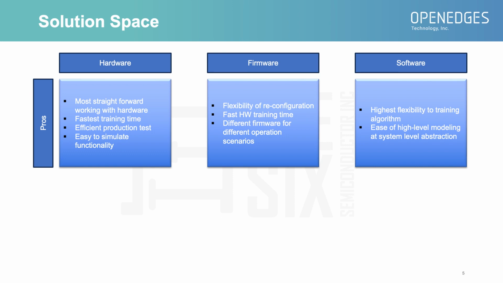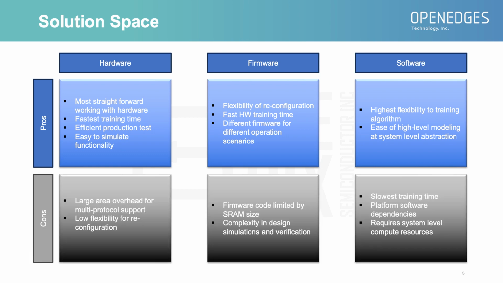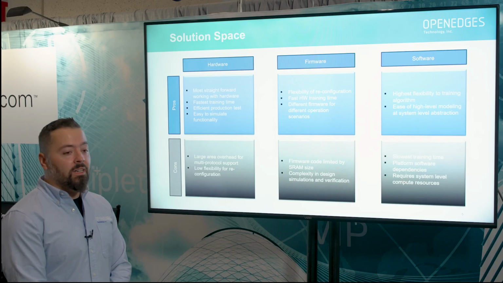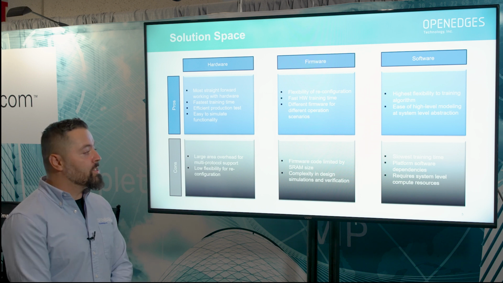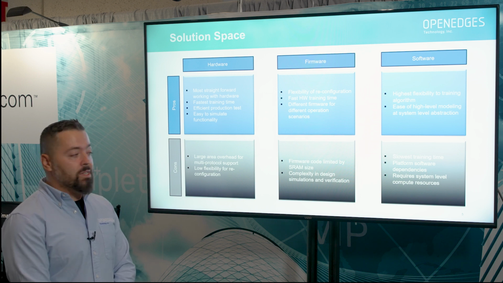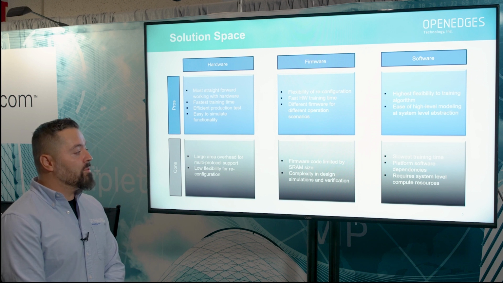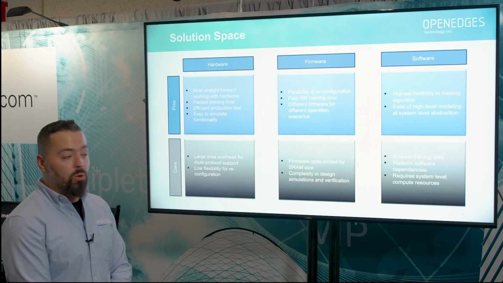I won't talk yet about the firmware because I want to first introduce the cons of the two extremes. Obviously, the hardware, to be able to cover all the possible protocols and variations, implies a large area overhead. While with software, because it's software, we can control a lot of protocols. On the other hand, everything is software, so it implies platform software dependencies and usually is very slow.